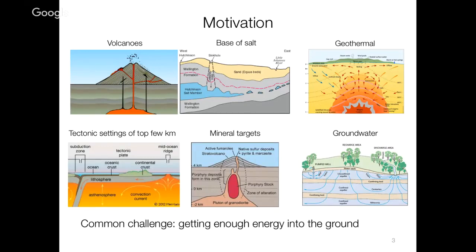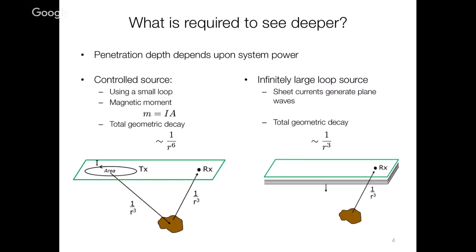So the big issue here is getting energy into the ground, right? Remember I was talking about moment? Well, it's all about exciting the object. So this maybe lays it out a little bit more clearly.